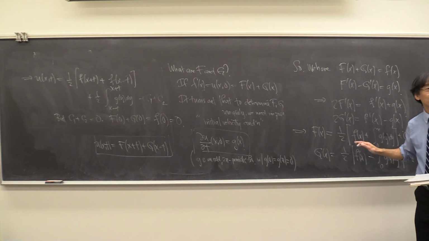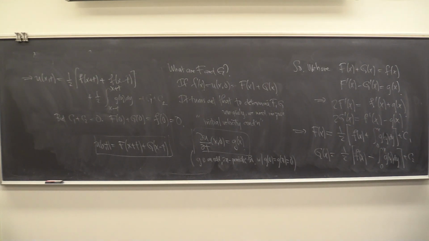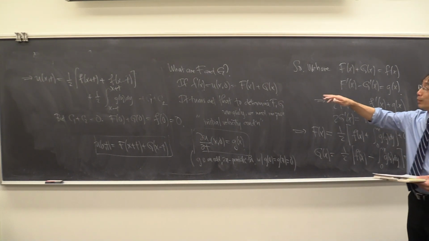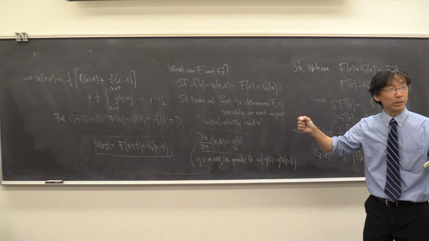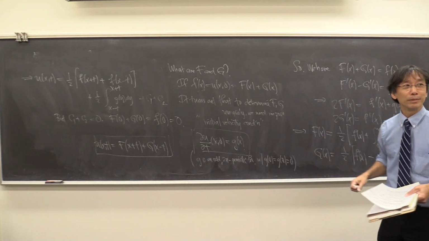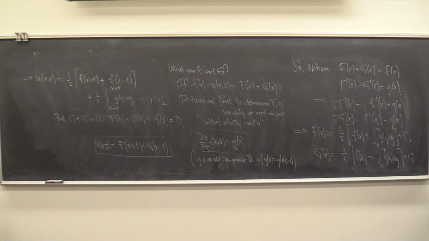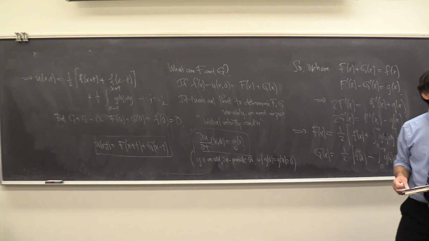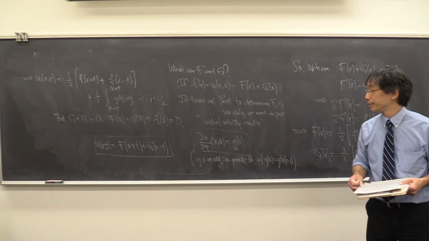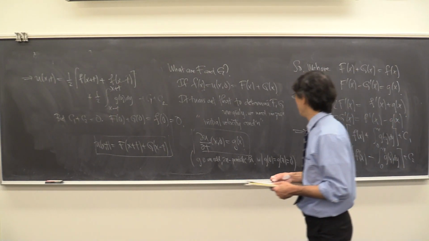Yes? Does that make sense? Kind of. Why is little f of 0, 0? Because remember, little f, the thing was fixed at the endpoints. Oh, okay. And are we just imposing the condition that g at 0 and g at pi is 0?